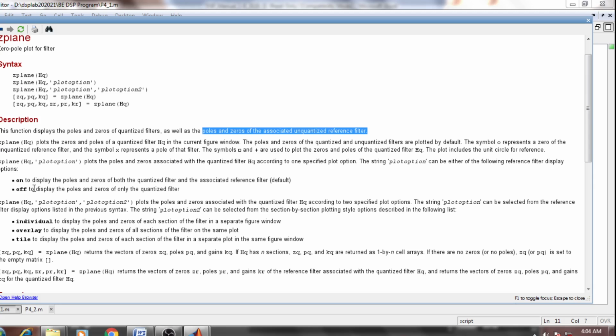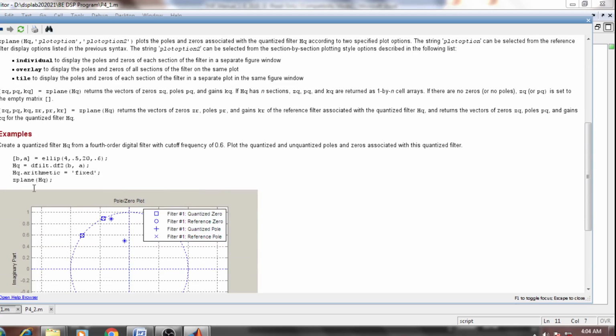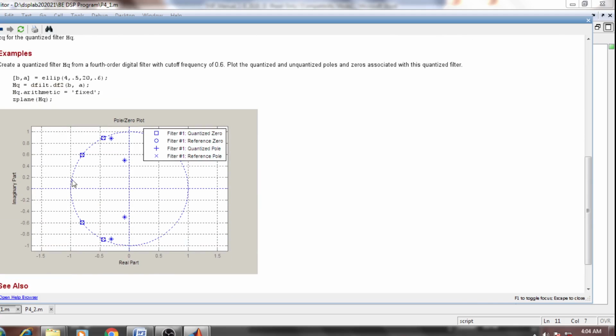Here an example is given. You will see the poles and zeros plot with a real part as well as an imaginary part. In this fashion you can see the response of the filter. This function will result in this fashion.